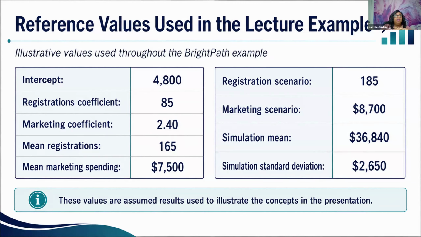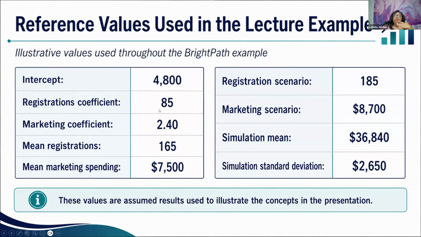So the first three values we see come from the regression model. The intercept is 4,800 and the registrations coefficient is 85. Marketing coefficient is 2.40.